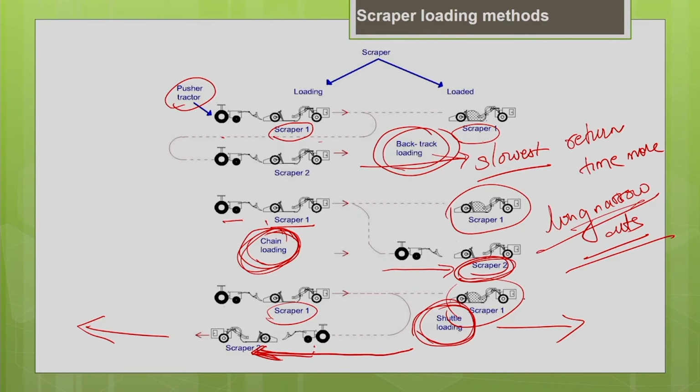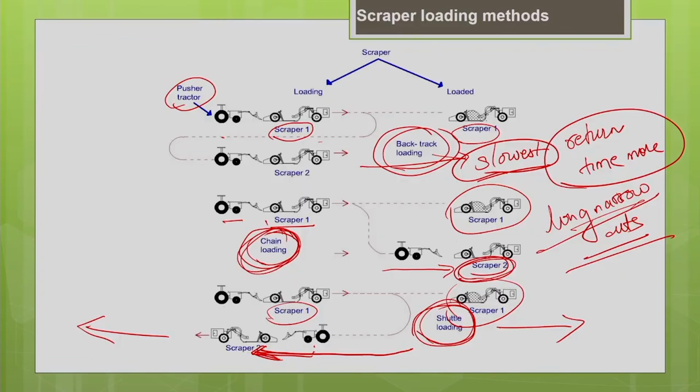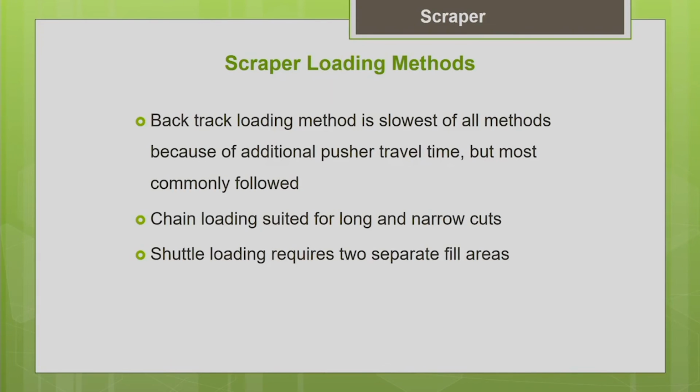When you compare all these three methods, you can see that backtrack is the slowest method. The cycle time is relatively higher because it has to backtrack or return to spot the next scraper. But chain and shuttle loading, though not commonly followed, have lesser cycle time, and we know the reasons already. Let me now summarize.